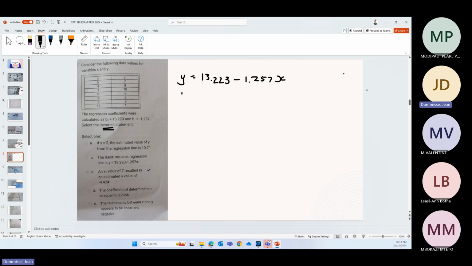Let's work it out: 13.223 minus 1.257 times 2. 2 times 1.257 is equal to 2.514, and if we subtract that from 13.223, we get 10.71.